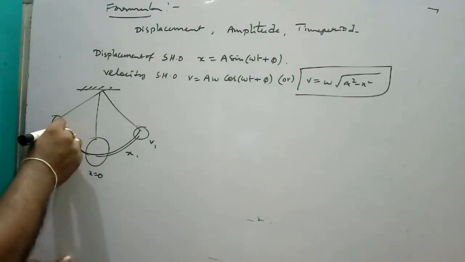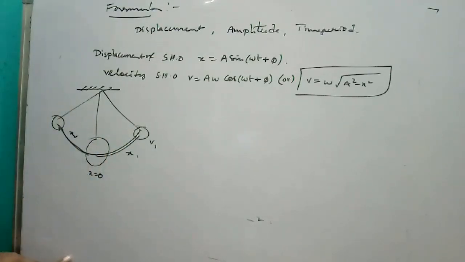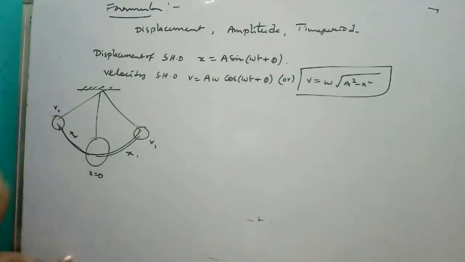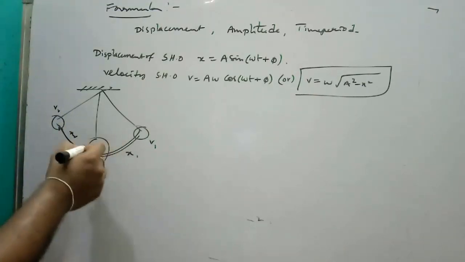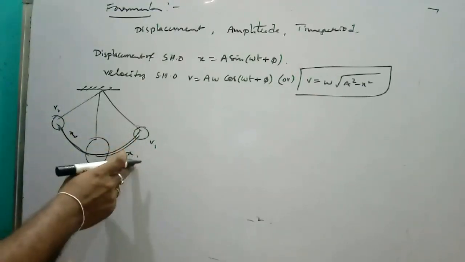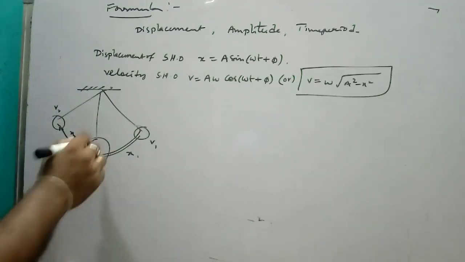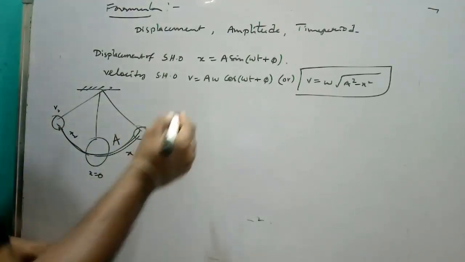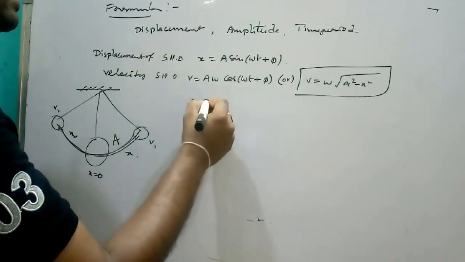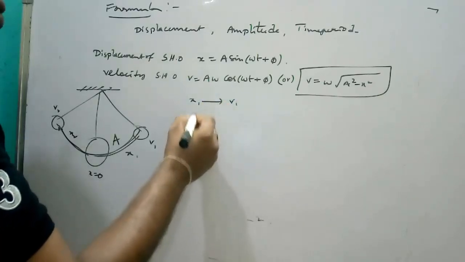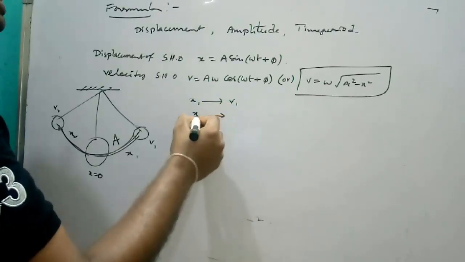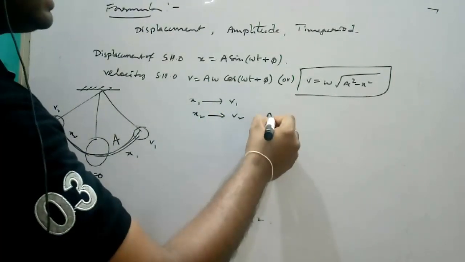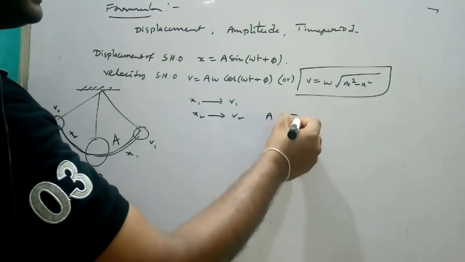When it is displaced to the other side, let the displacement be x2 and the velocity of the oscillator be v2. Now we have to calculate the relation among x1, v1, x2, v2, where the amplitude of the oscillator is a. Now we have to calculate the amplitude value and the time period value.